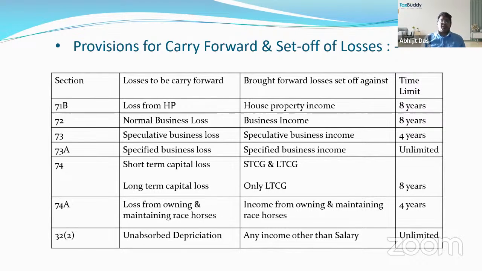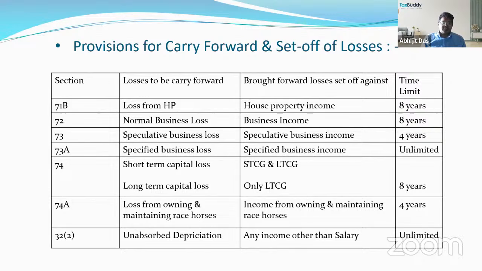According to section 72, any carry forward loss of normal business can be set off against business income of the subsequent period, and the time period available for such adjustment is 8 years.